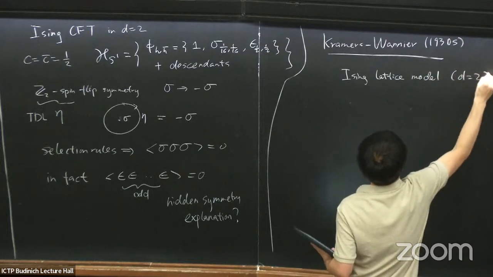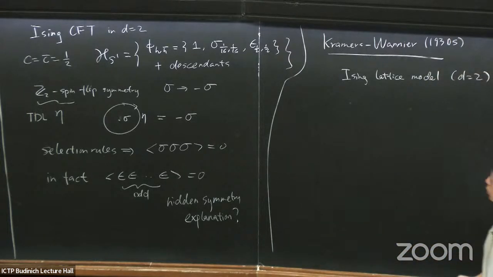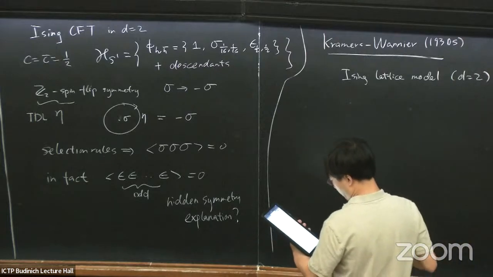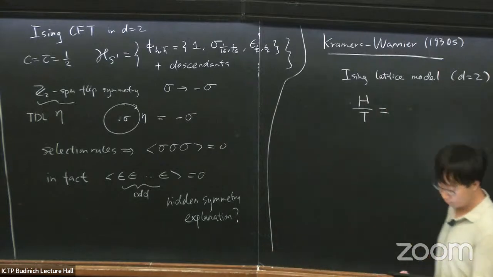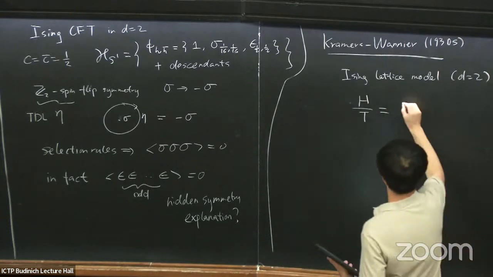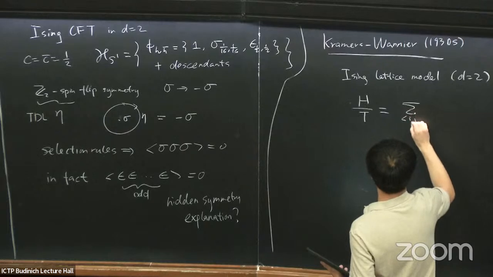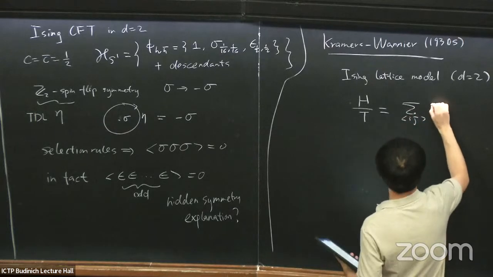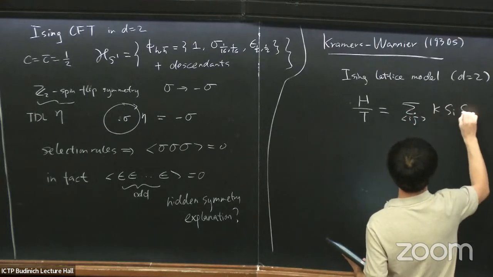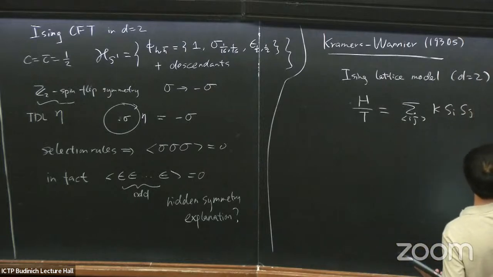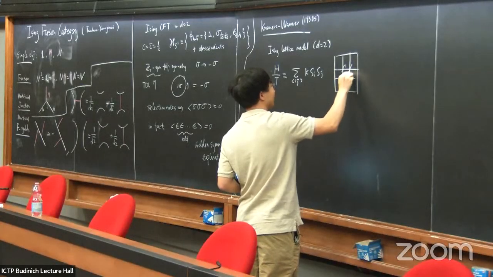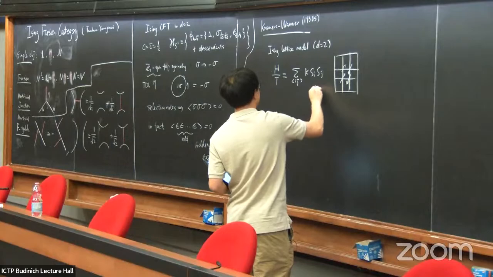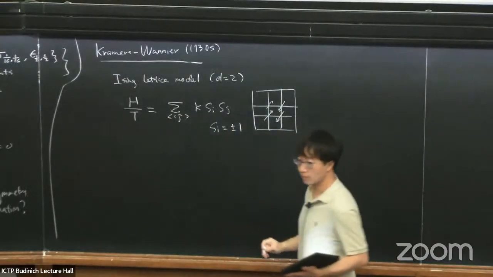You can think of it as a statistical model in two space dimensions, and it's described by a Hamiltonian normalized by the temperature in terms of nearest neighbor coupling of the spins on the square lattice. Imagine you have some square lattice, and on each site you have these spins denoted by sigma, and they can take two values, plus or minus 1.